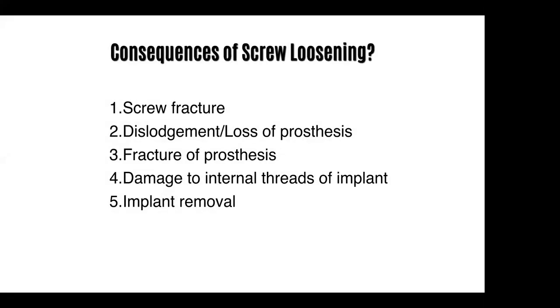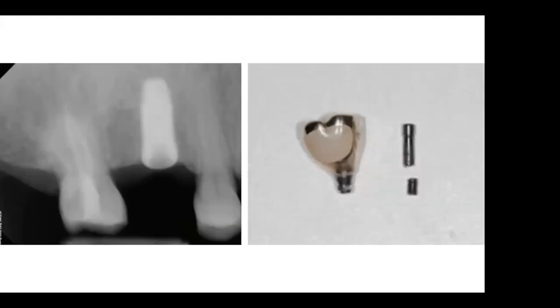What are the consequences of screw loosening then? What happens after screws get loosened? A lot of things. The screw can be loosened, and then it can fracture inside the implant. Or because of the loss of the screw or the fracture of the screw, the prosthesis itself can get dislodged or can be lost even, and the patient can swallow it sometimes, like in this case.